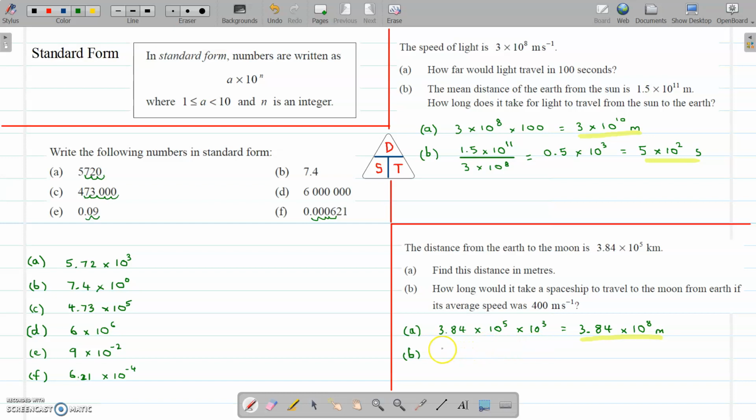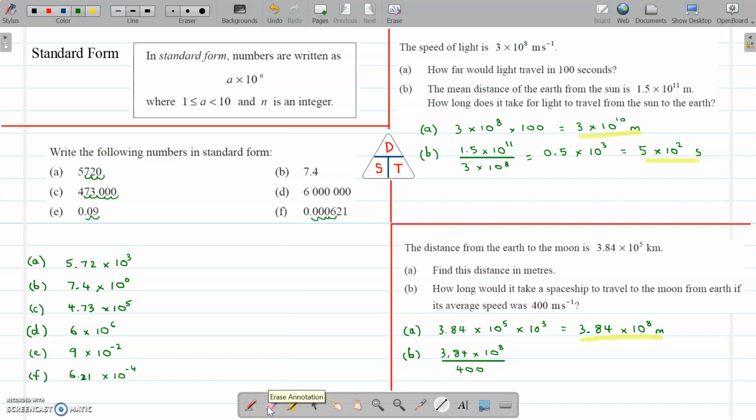So what we need is 3.84 times 10 to the 8, and that needs to be divided by 400. Now this is a non-calculator question, but it's not that difficult to follow this through. I'll show you now. So that's the division we're doing.